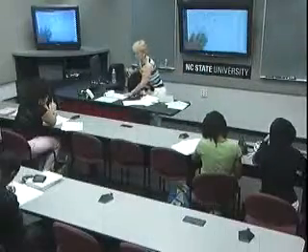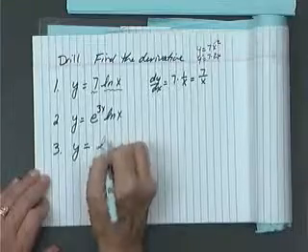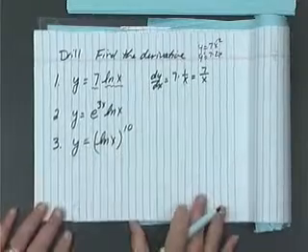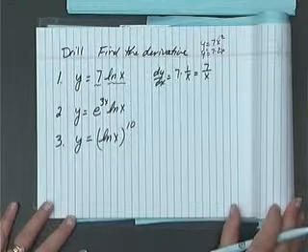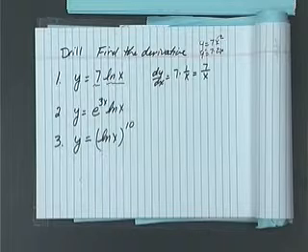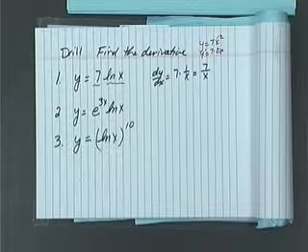Anybody have questions about number 2? All right. Number 3. y equals natural log of x, the whole thing raised to the 10th. y equals the quantity natural log of x raised to the 10th. And you had very good notation there too.